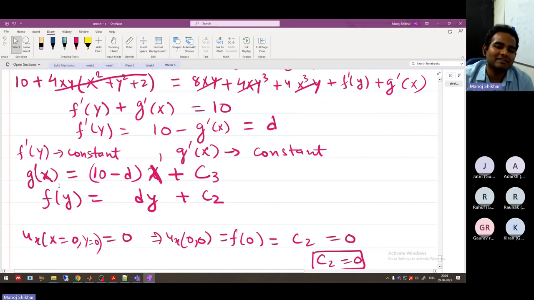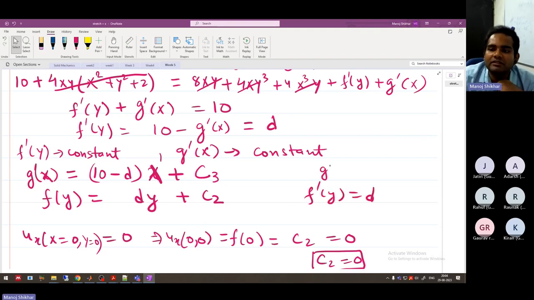Now for any linear function, its differentiation is what? The slope of the function. If you remember y equal to mx plus c, suppose f equal to dy plus c. What will be the differentiation of f with respect to y? It will be d, and if you put y equal to 0, you still get the same value. So from here you are getting f prime y equal to d.